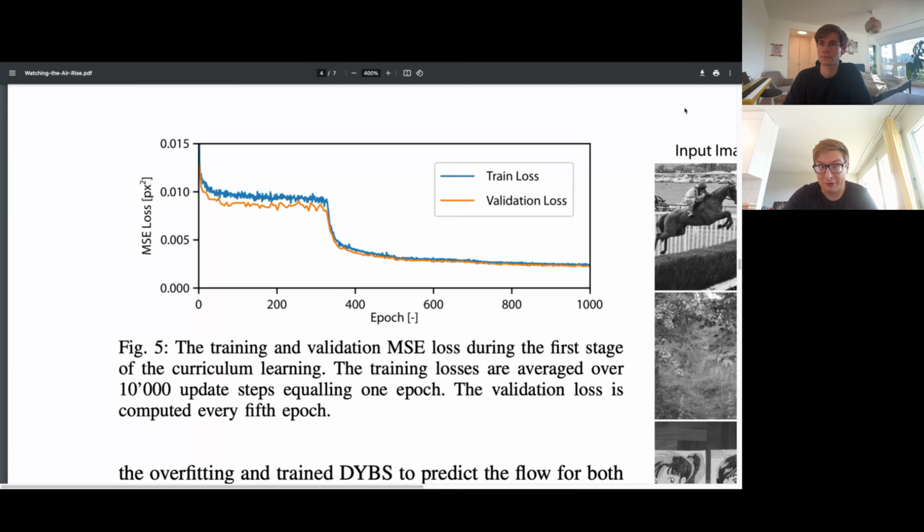And it still would first be lazy and only learn the realistic data collection backgrounds. But then after some point, you can see here at about epoch 350, 380 or something like that, it would suddenly also learn both samples. And then we trained the network in this first stage for 1000 epochs.